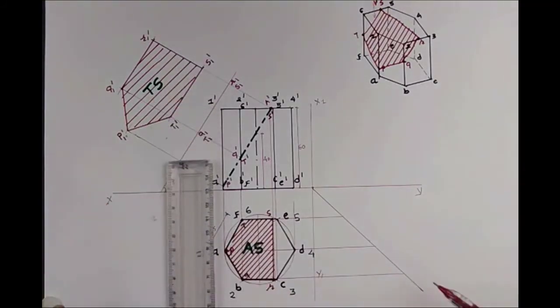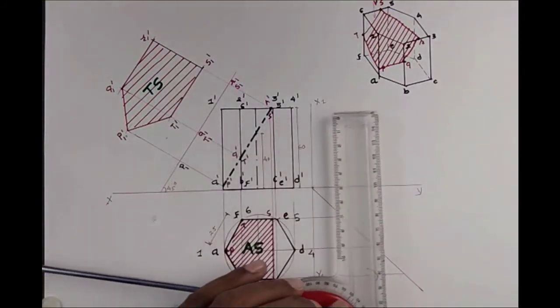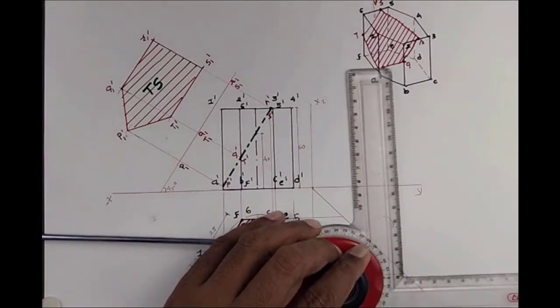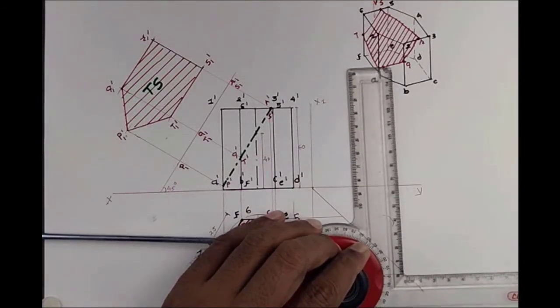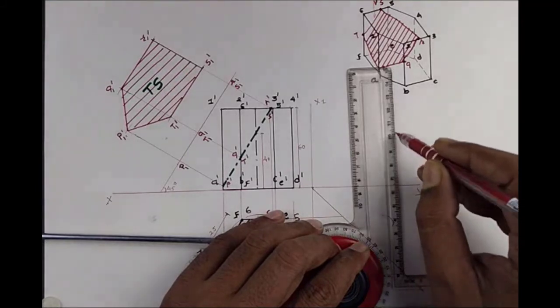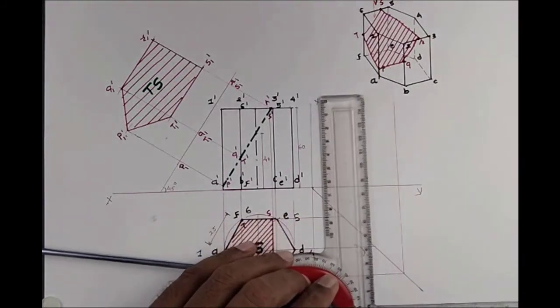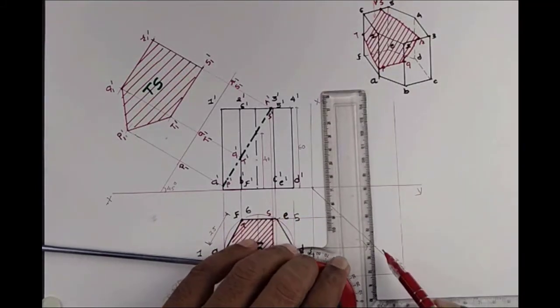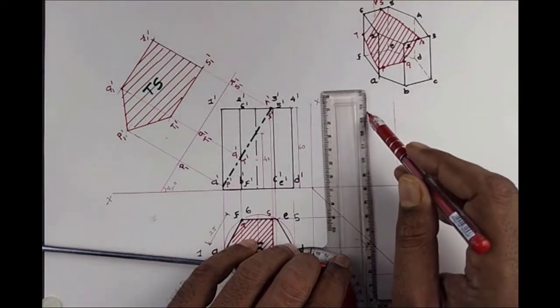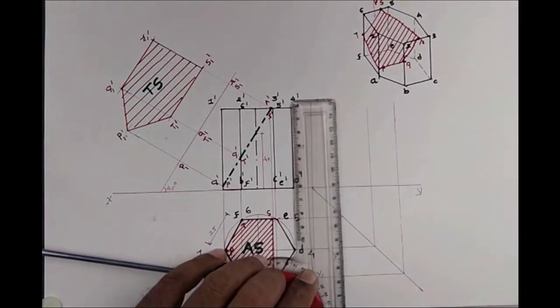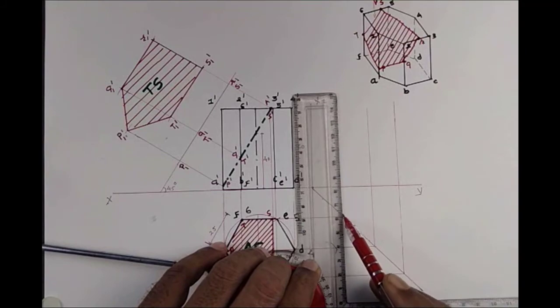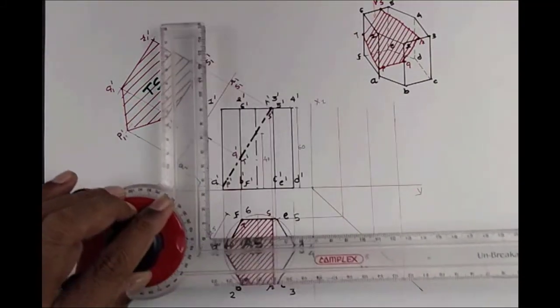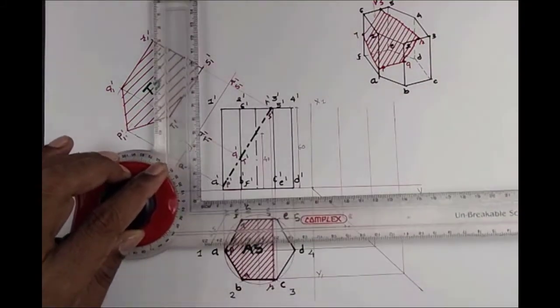From this we transfer to the vertical origin. So these are all projection lines. You have to draw them lightly. Similarly, you can collect your projections from the elevation, the points which are lying on the plane.